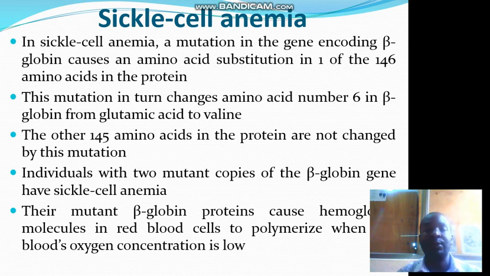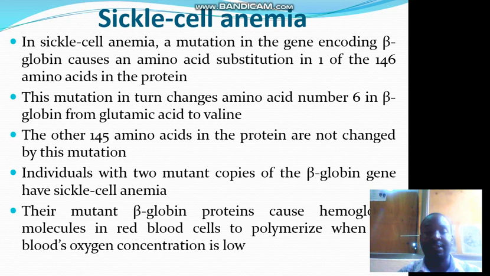But in the mutated form of hemoglobin, that glutamic acid is changed into another amino acid, which is valine. Remember, there is only a change in one of the 146 amino acids, meaning the remaining 145 amino acids within hemoglobin are not altered.